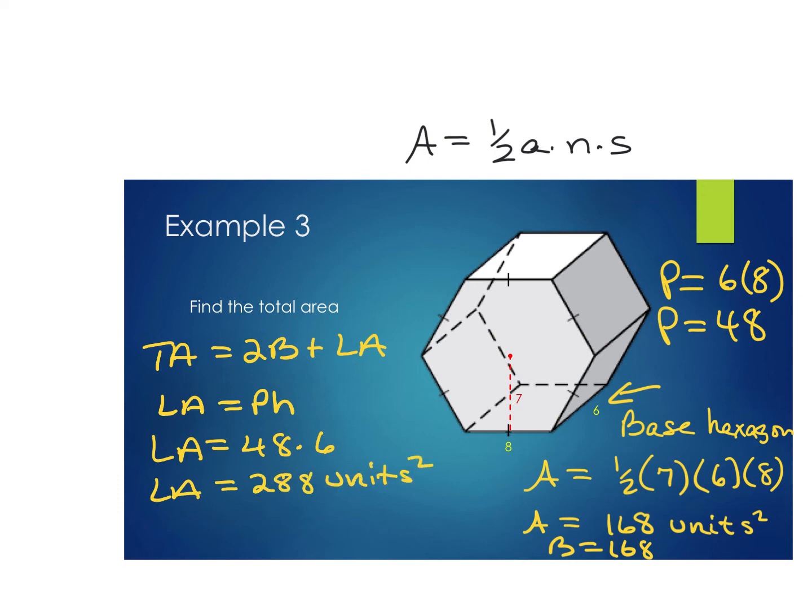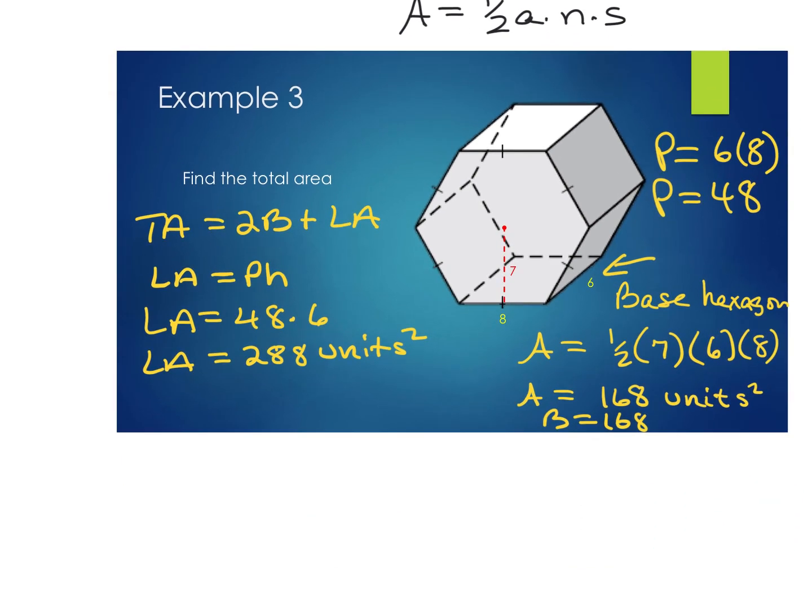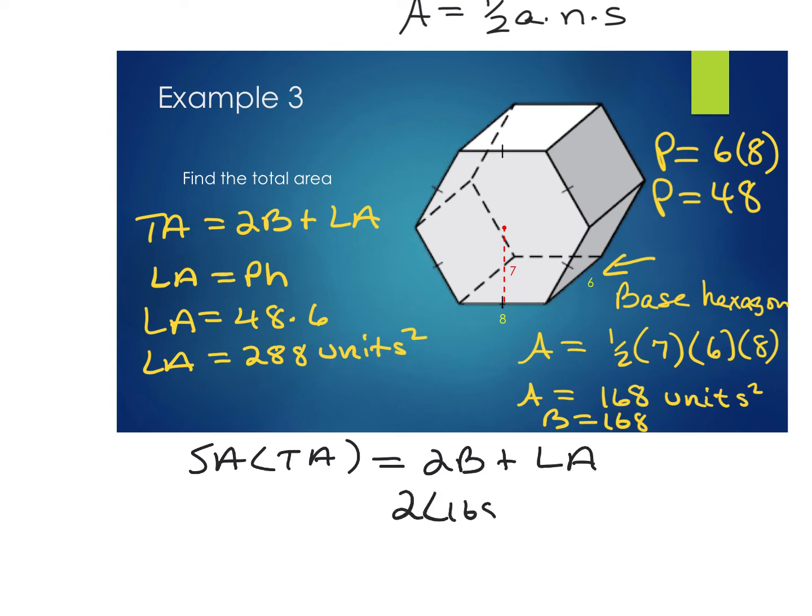Now that I have the lateral area and the area of the base, now I can do surface area or total area. So 2 times the base area plus the lateral. My base was 168.